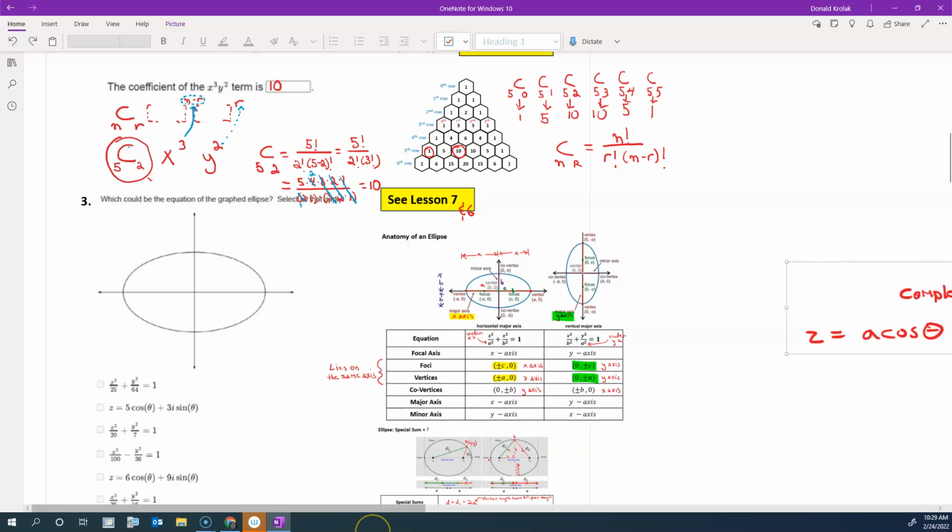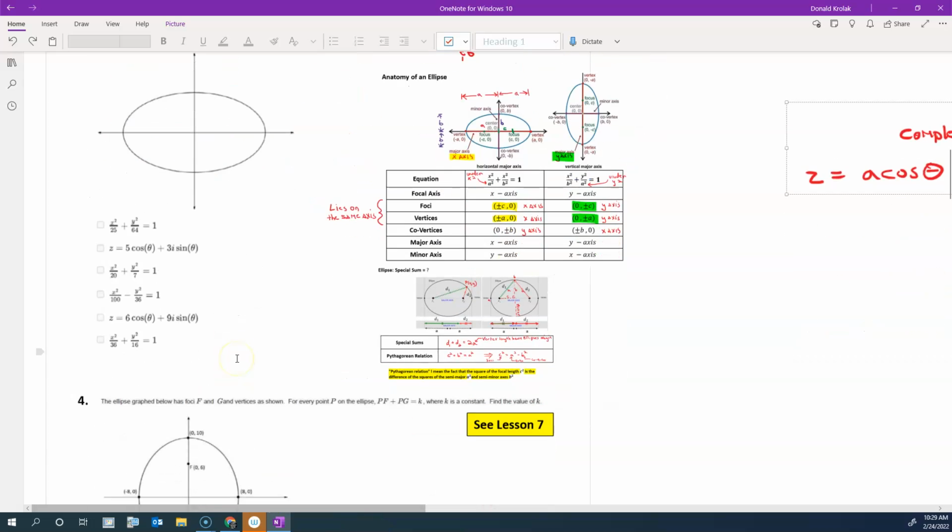All righty. So we want to figure out which one of these would apply. And there could be more than one. Well, one thing you know is that the major axis is the x-axis.